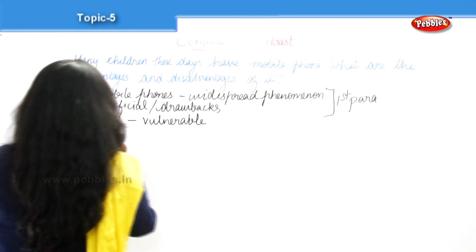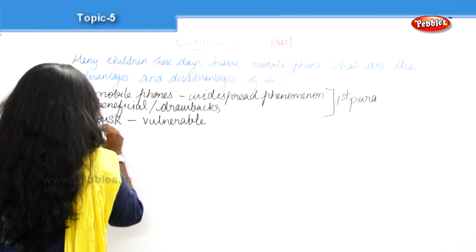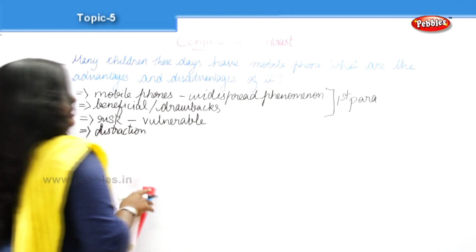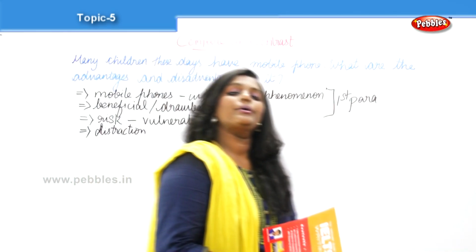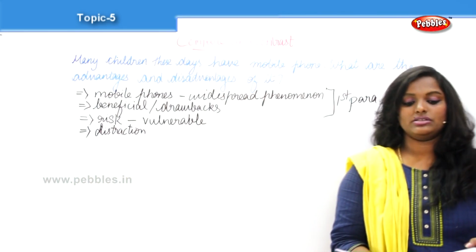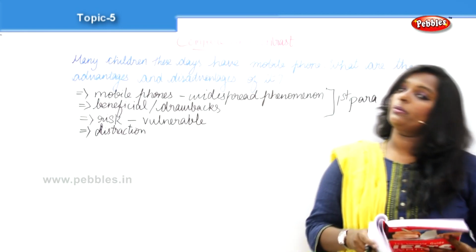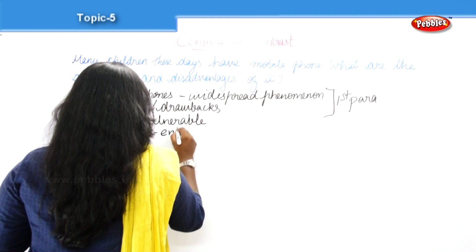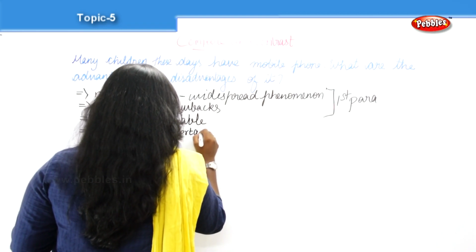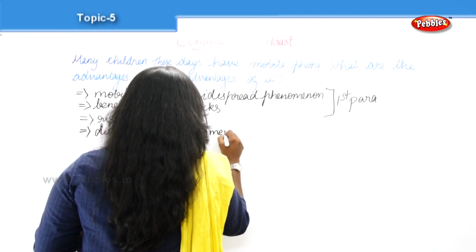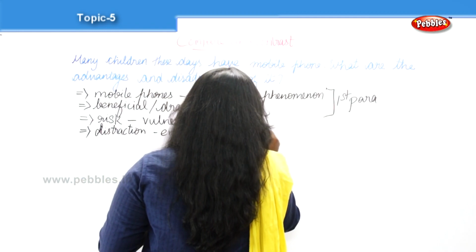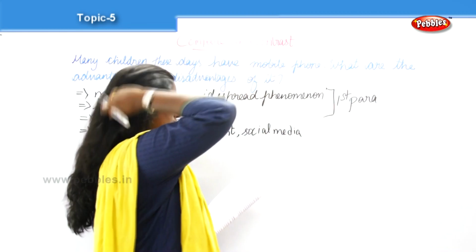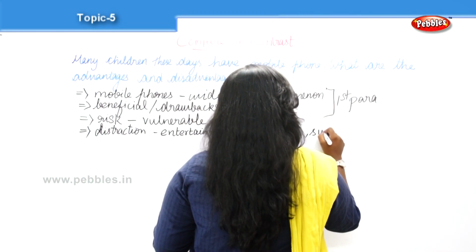The next is distraction. Students or children get easily distracted because of mobile phones. The main reason is the entertainment that it gives, and then social media, which includes chatting and general surfing.